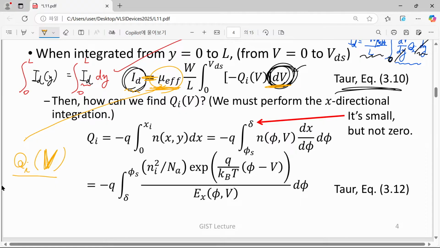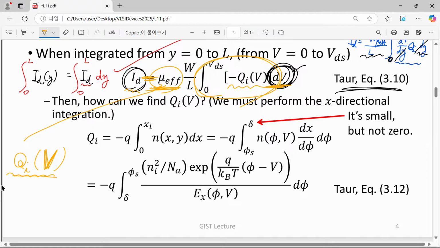This is not integration of electron charge over real space. No, this is integration of electron charge over our electrostatic potential. That is required in this calculation. So we must find out this functional form. Are you ready? Then let's do the next part.